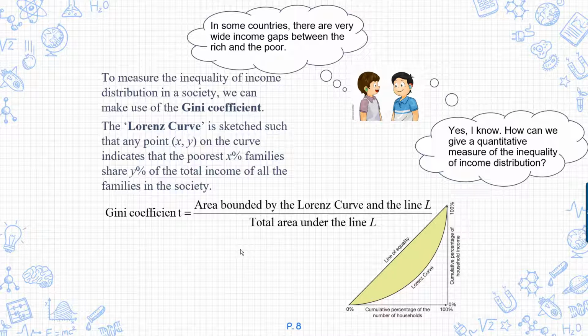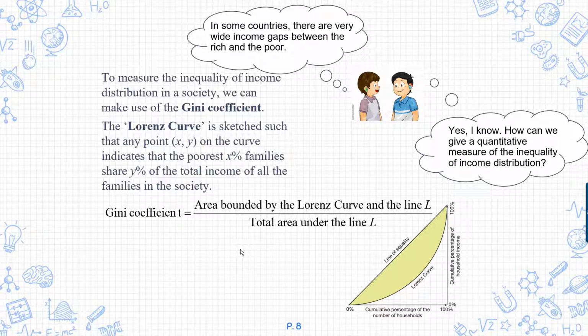To measure the inequality of a country, and especially the income distribution of a country, we can make use of the Gini coefficient. This is a very popular coefficient that can exactly predict the income distribution and income imbalance between the different members of a society.